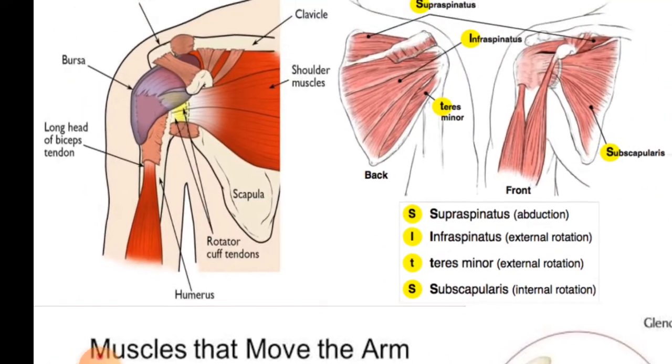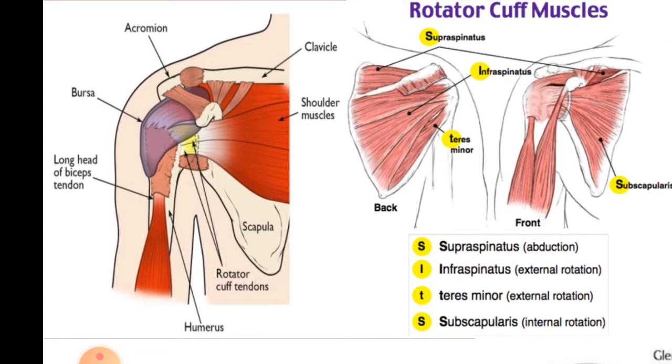Next, we will talk about the structures that are providing the stability to the shoulder joint. The stability is mostly provided by the tendons of the muscles. These muscles include the long head of the biceps brachii muscle, which is attached to the shoulder joint through the transverse humeral ligament, and a group of muscles called the rotator cuff muscles.